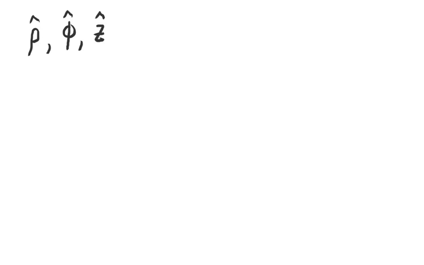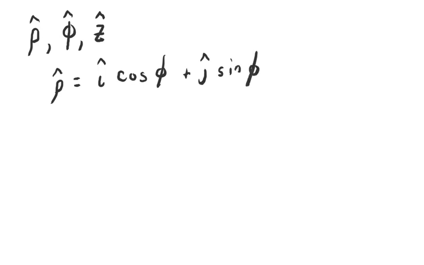I can write down the unit vector for rho hat instantly. I did this for the case of plane polar coordinates. They're just this. And again, if you don't believe this expression, look at the limiting cases and make sure you agree with what the figure is telling you.